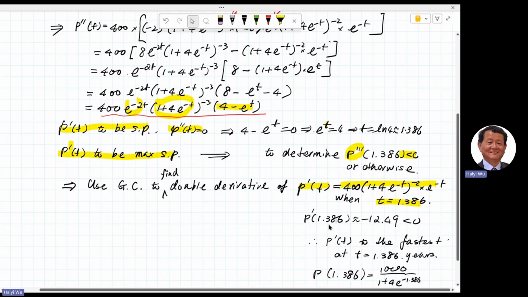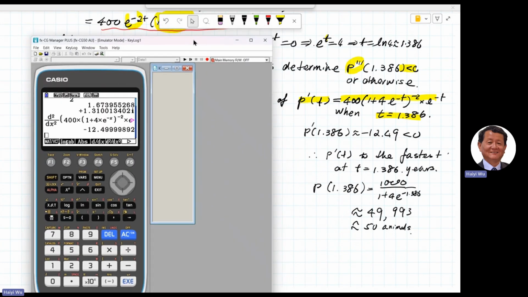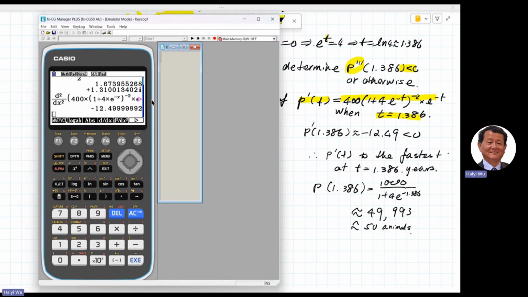I'm using a Casio calculator in the maths mode. Let me show you how to put it in the GC. You go to menu, go to option, then choose second derivative, which is F5.